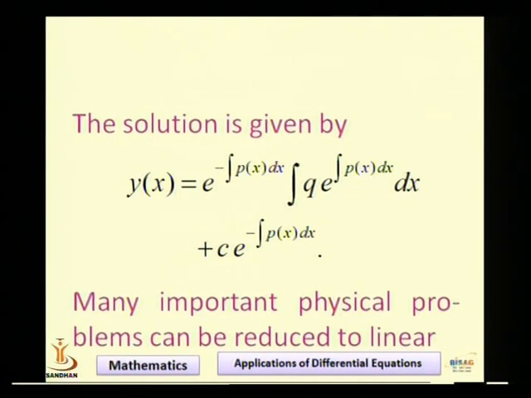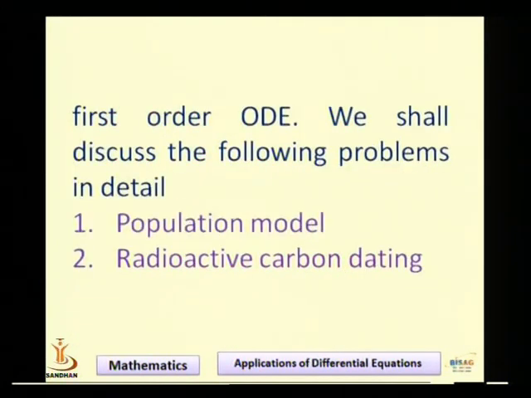As I told you, many physical problems can be reduced to first order equations of this form. Now we shall discuss in detail some of the problems which we can convert into first order linear differential equations.